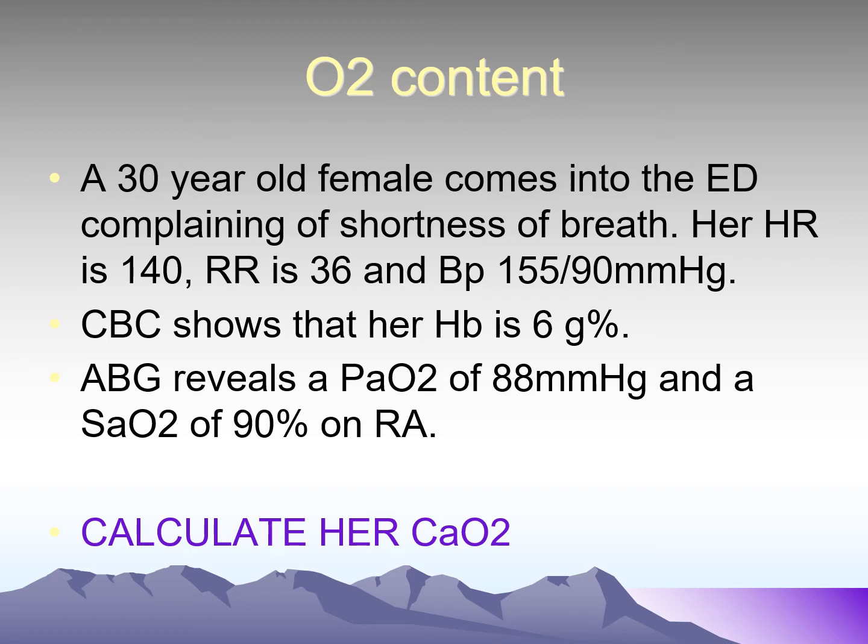So this is a low number. One of the first organs that can take a hit from this low number is your kidneys. So what does this woman need? I hope you are saying she needs blood, because her hemoglobin is 6.